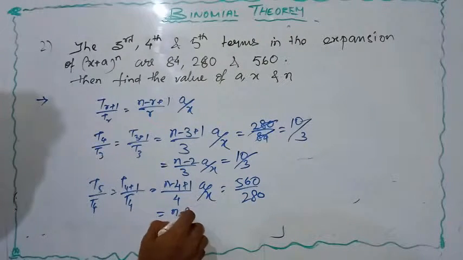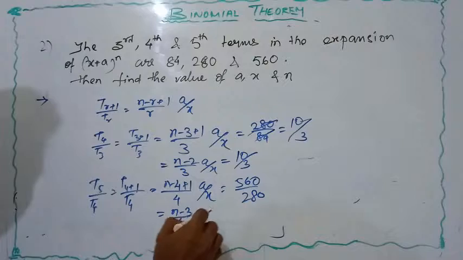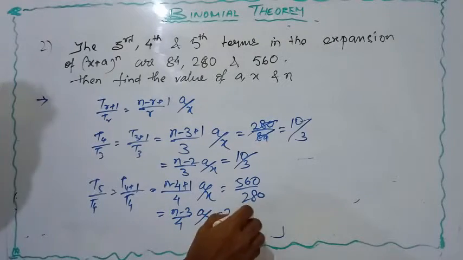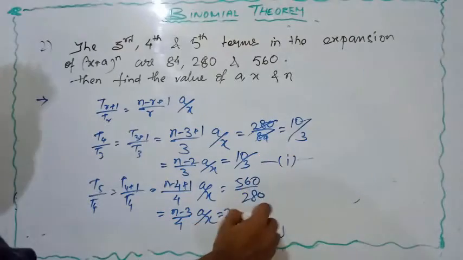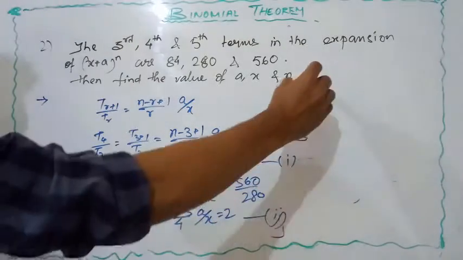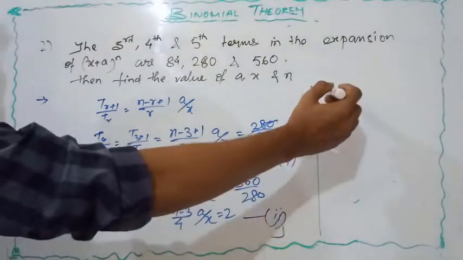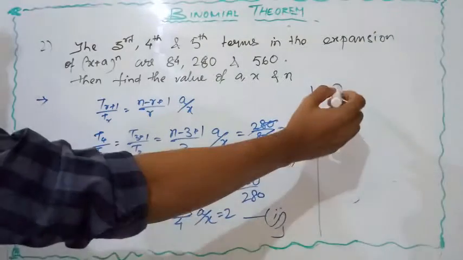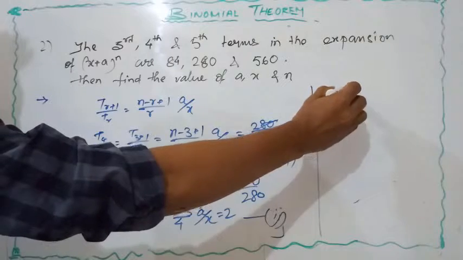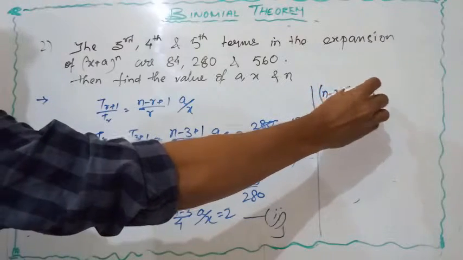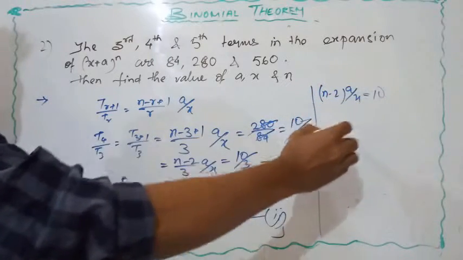So (n minus 3) by 4 into a by x is equal to 2. So if this is equation 1 and if this is equation 2, now if we simplify more, then we will get (n minus 2) into a by x is equal to 10.